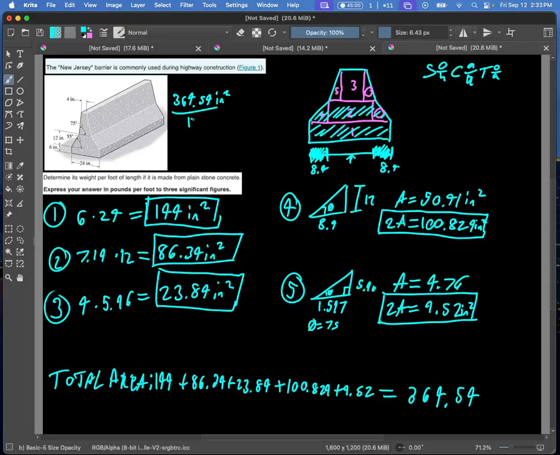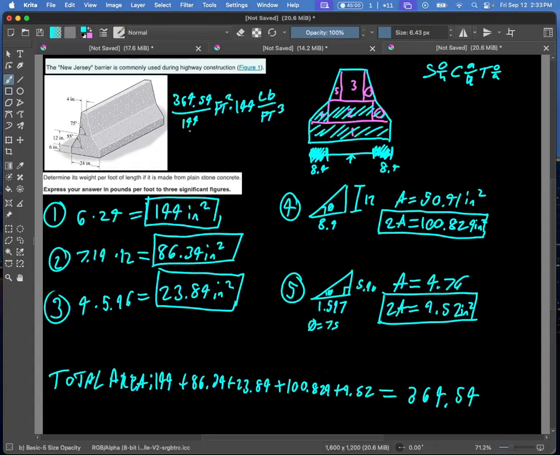So this whole thing's going to have to be divided by 12 times 144 pounds per foot cubed. Oh, no, sorry. This is area, this is foot squared, so this should be divided by 144, shouldn't it?